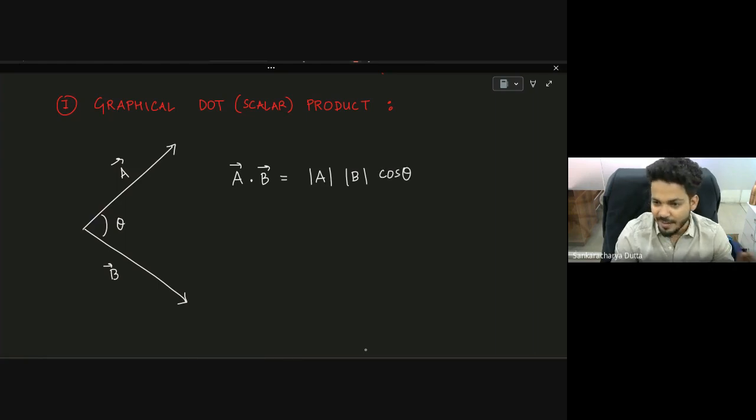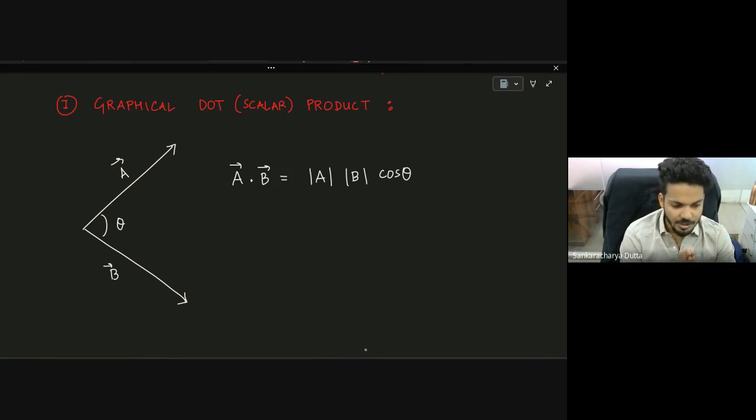This is how the product is defined. Please do not ask me for the derivation. It will be done in math, in your three-dimensional coordinate geometry in 12th class. Do not ask me for the proof, but this is something that you have to remember.